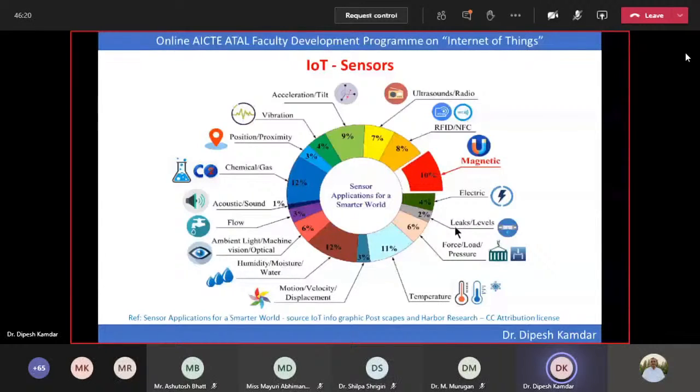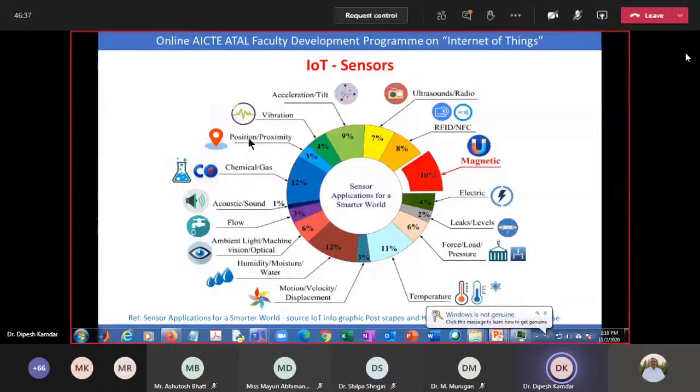Likewise, there are the other sensors: RFID sensors, ultrasonic radio sensors, acceleration or tilt angle sensors, vibration sensors, position proximity, chemical or gas sensors, acoustic wave sensors, flow meters, flow sensors, ambient light or machine vision optical sensors, humidity and moisture sensors, then water level sensors, motion velocity displacement sensors.